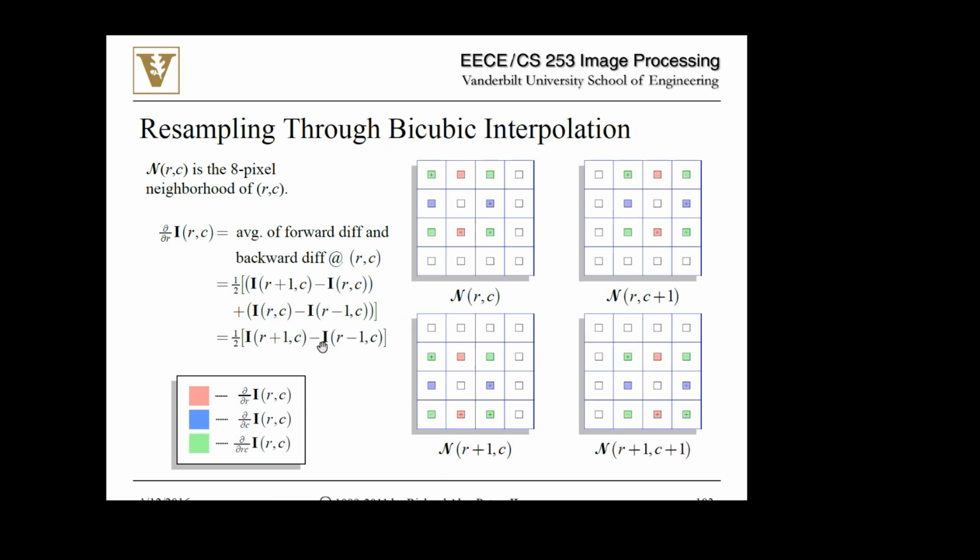And simplified, this is another estimate of the same derivative. These are two different ways of estimating the derivative. And this is for estimating the derivative in this direction. This is for estimating the derivative in this direction. Then we use this for the derivative in this direction, and you can estimate derivatives. So you can estimate what the derivative is here, what the derivative is here.